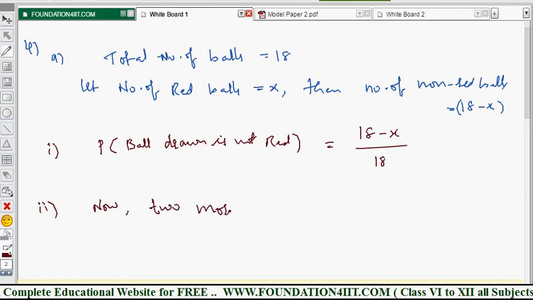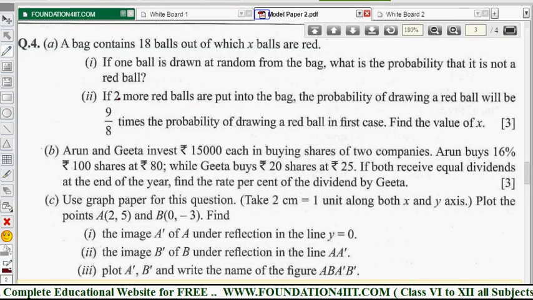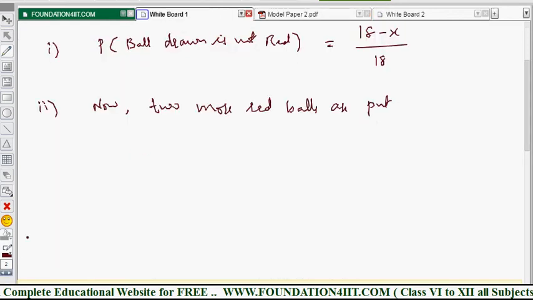According to the condition, two more red balls are kept in the bag, and the probability of the red ball will be 9 by 8 times. The red balls are now x plus 2, and the total number of balls is 20, because previously it was 18 and two more are kept.